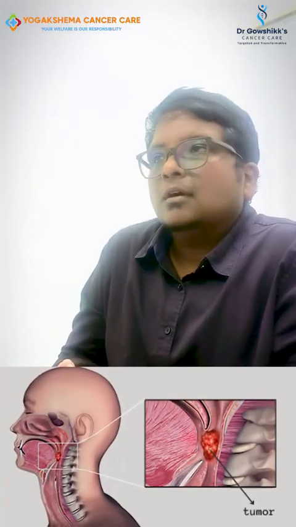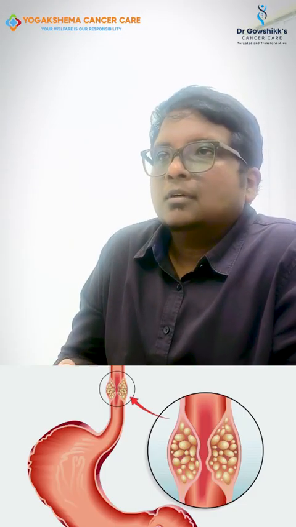Similar to that, IMRT does that. Only the tumor will get the higher dose, and the remaining surrounding structures will get a reduced dose or no dose at all. Such treatment is useful for cancers of the head and neck, cancers of the esophagus, and even in some cases of bladder cancers. Wherever we need to spare the surrounding structures, this will be a very helpful technique.